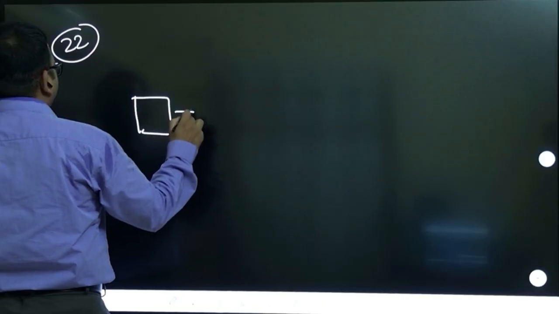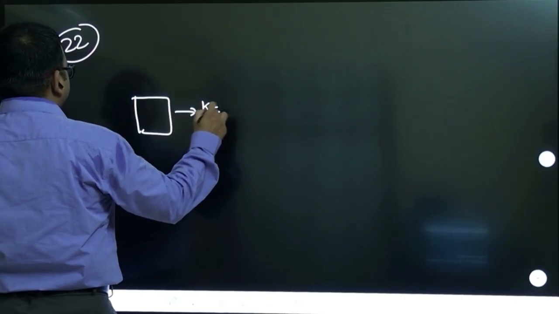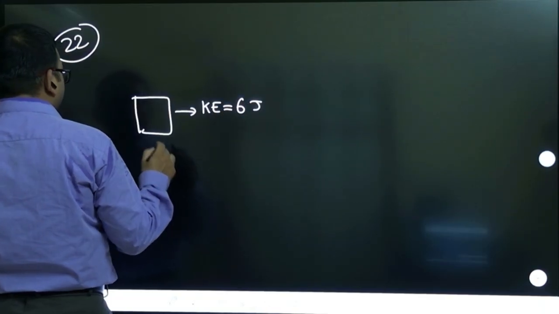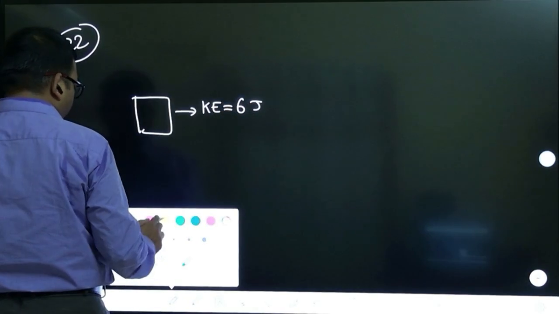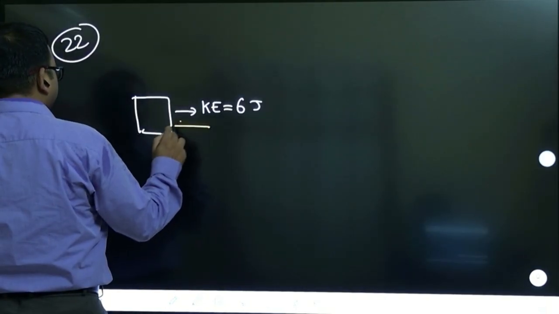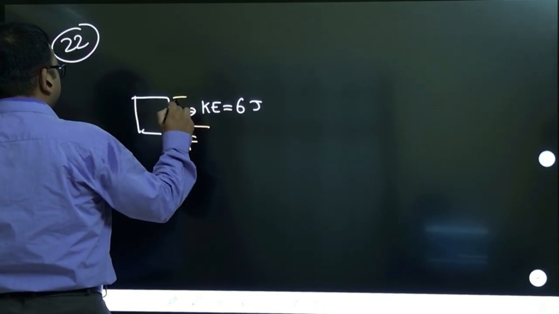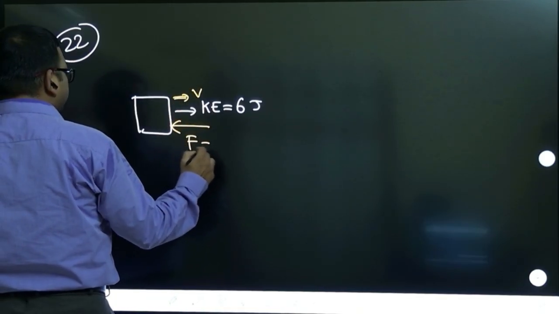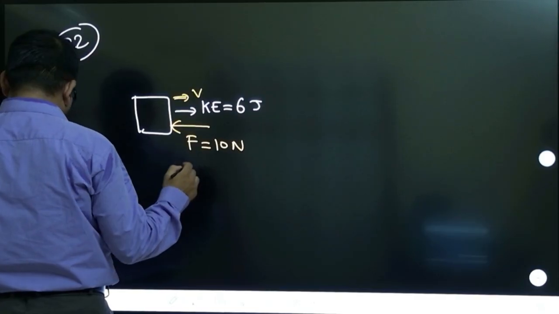At a particular instant, its kinetic energy is 6 joule. Retarding force means the force acts opposite to the motion: the velocity is in one direction, and the force is opposite. This force is 10 newton.